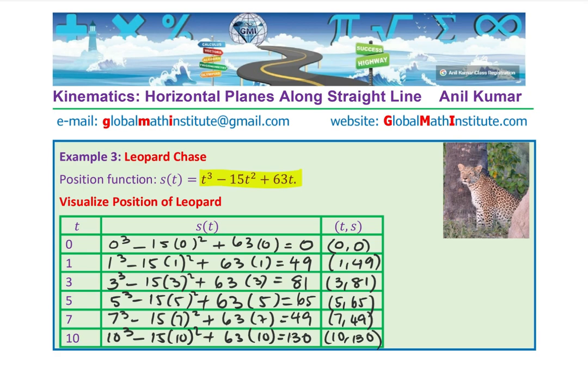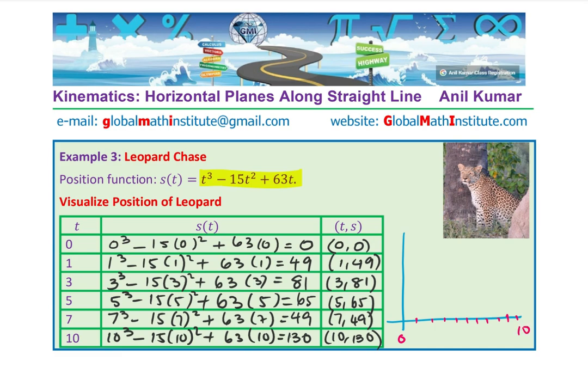Now once we get the positions, we can make a scatter plot here. We know t is greater than 0, so we are focusing on the first quadrant starting with 0. The last point is of course 10 for us, and the t values here are 1, 3, 5, 7, 10. Let's say this is 1, 2, 3, 4, 5, 6, 7, 8, 9, and let 10 be there.